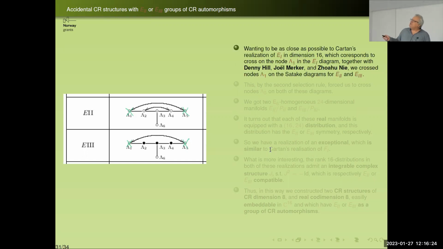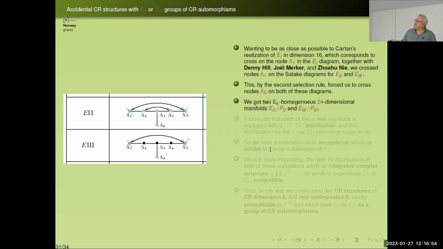Wanting to be as close as possible to Cartan's realization of E1 when he crossed this node, we just crossed this node on E2 and E3, which means that we immediately had to cross these ones. And so with Denny and Joel and Zhao, we crossed node lambda 1 in E2 and E3, and by the second selection rule we had to cross node lambda 5.